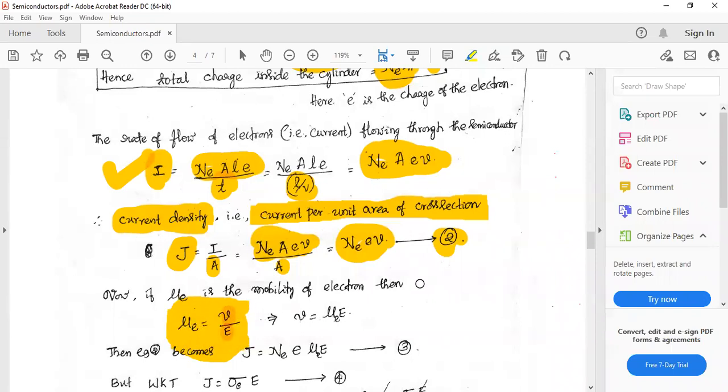Let me try once again with some other example. Mobility decides how much speed an electron can get inside the semiconducting material with respect to the applied electric field.